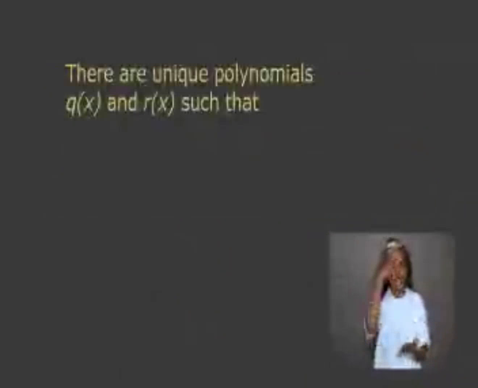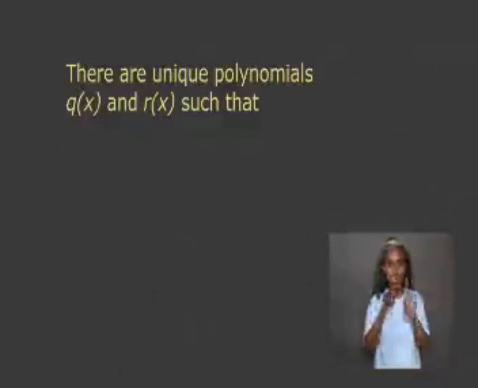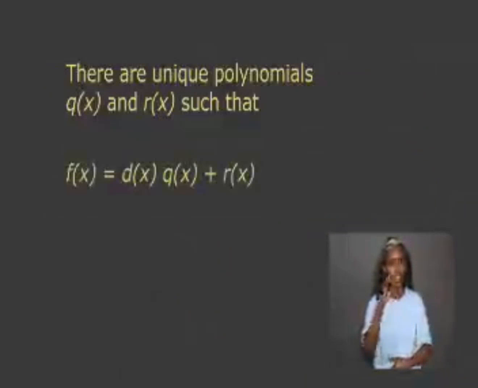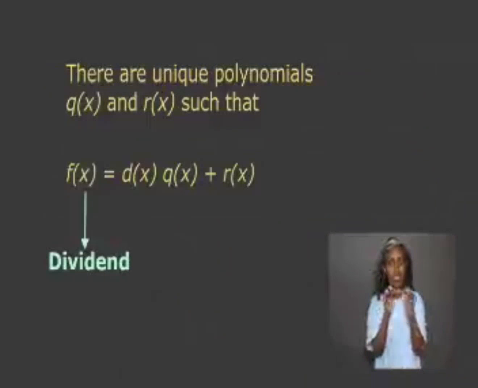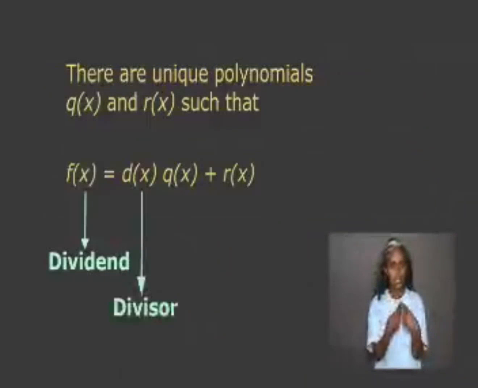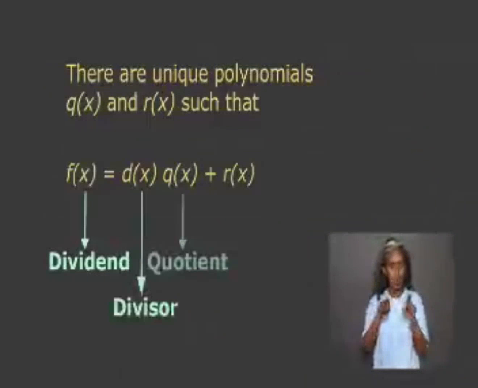In this case, there are unique polynomials called q of x and r of x, such that f of x equals d of x times q of x plus r of x.